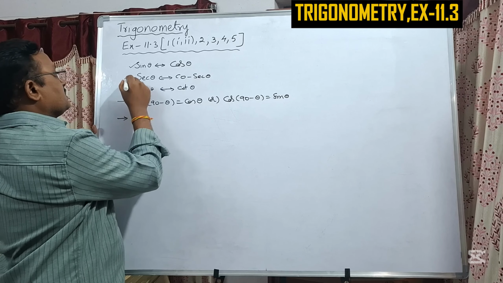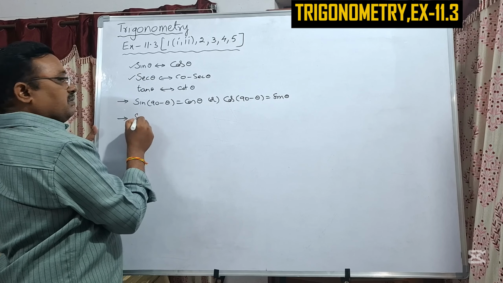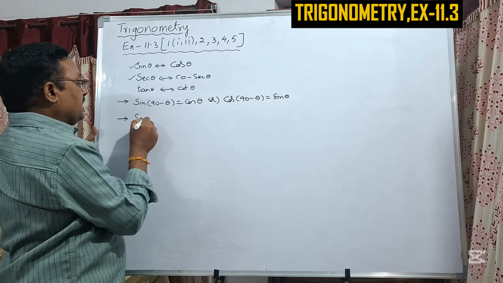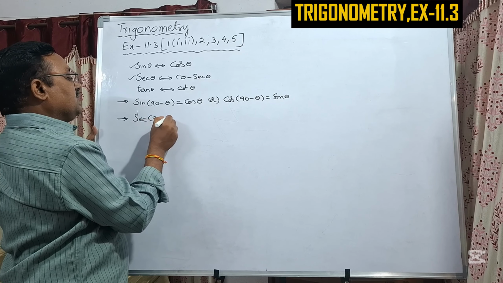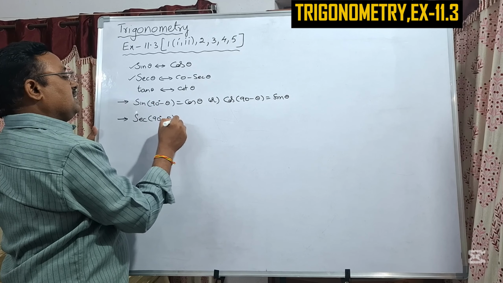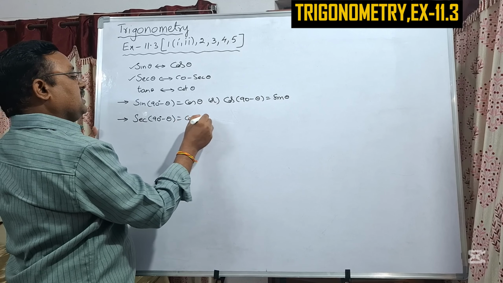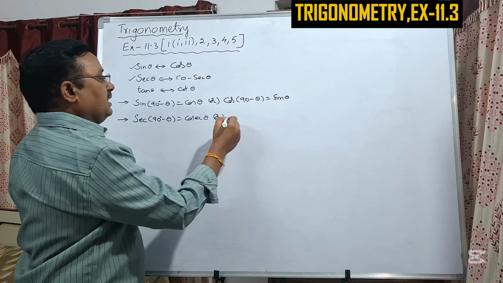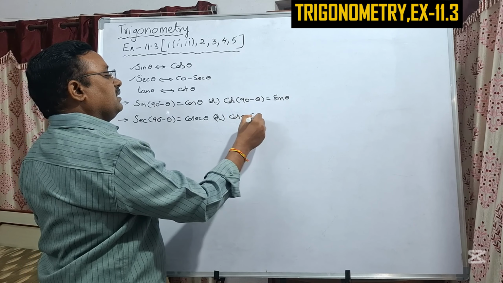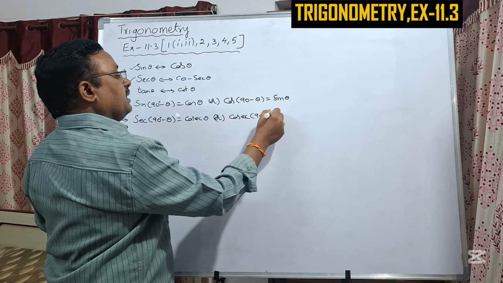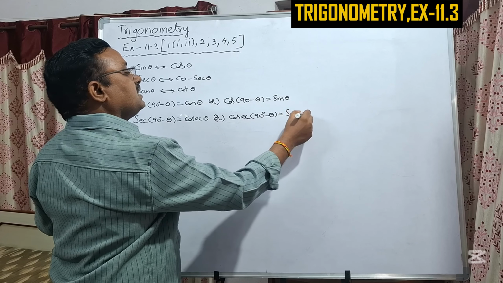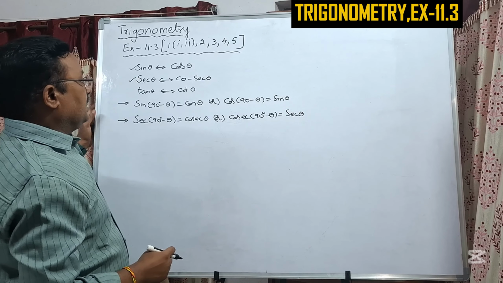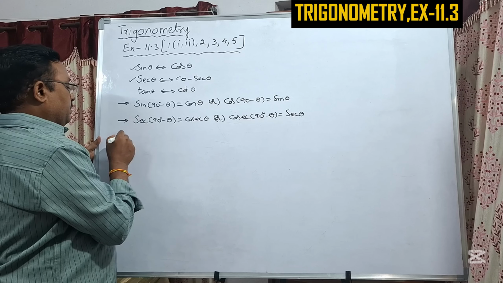Coming to the second pair property, we can write it as secant 90 degrees minus theta is equal to cosecant theta, or the same thing can be written as cosecant 90 degrees minus theta equals secant theta. That is the second pair property, the complementary property.